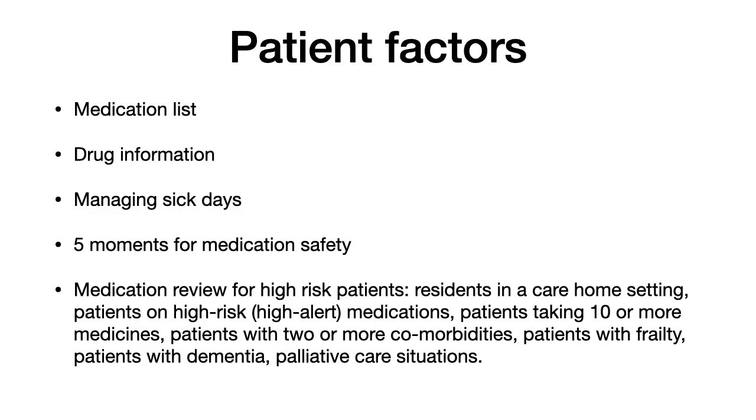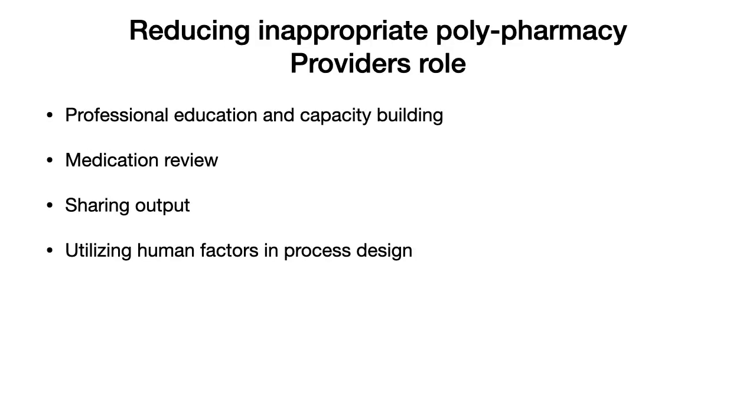Whenever they start a new medication, stop a medication, or a medication is added, they need to reflect and ask the provider about the indication, the dose and frequency, and all other information related to the medication.